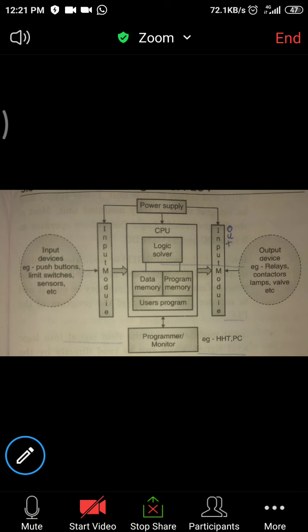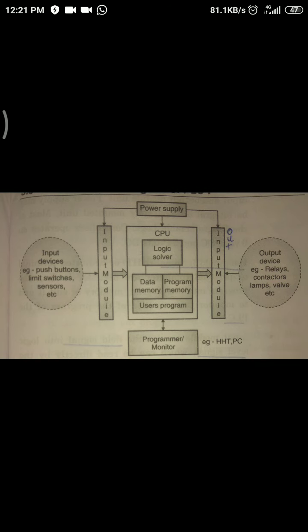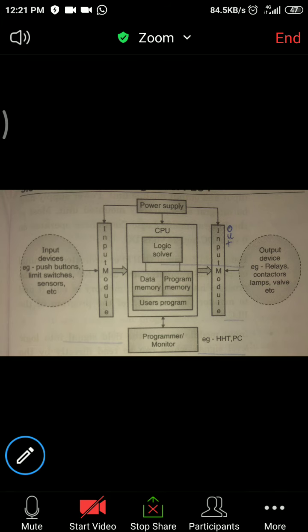So see what CPU contains. CPU contains the logic solver, data memory, program memory, and user memory. Data memory contains the actual user data which is required for the execution of the program. Some data which is calculated in a previous instruction, that needs to be stored, is stored in data memory. Program memory actually contains the instructions.